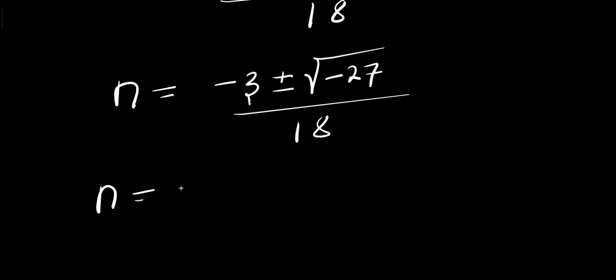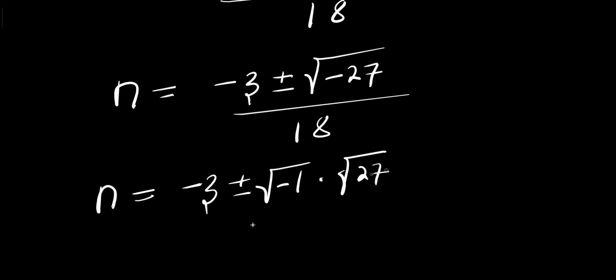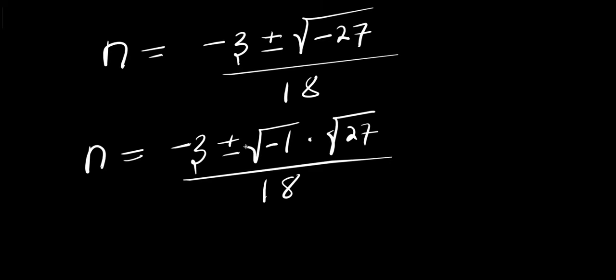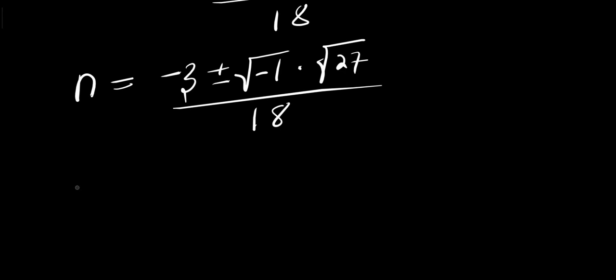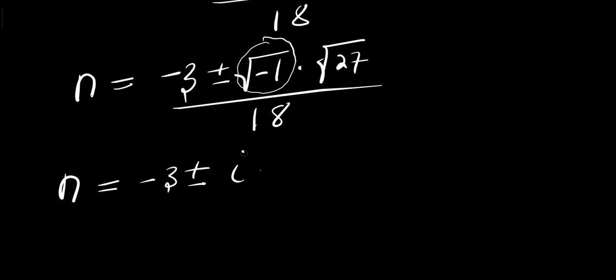From here we have n equals negative 3 plus or minus square root of negative 1 times square root of 27 divided by 18. From here, square root of negative 1 is iota. This is square root of 27 divided by 18.